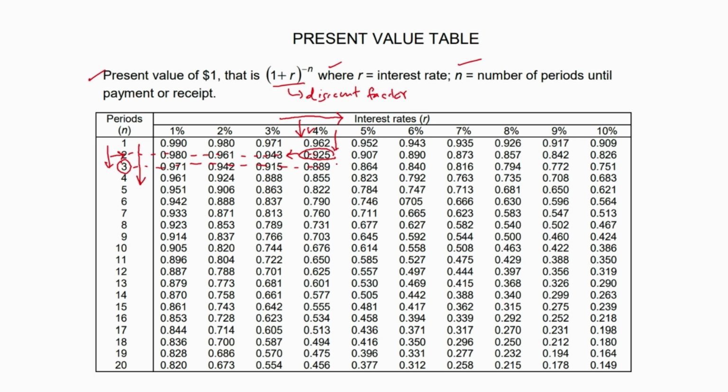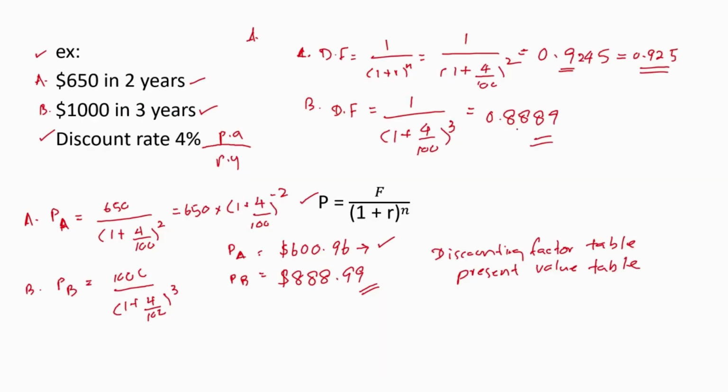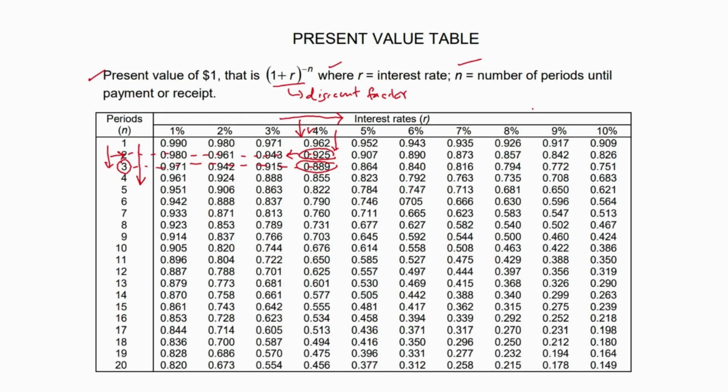Here is our value. This is the discounting factor for 3 years at a discounting rate of 4%, 0.889. It is this value, 0.8889, which rounded off to 3 decimal places is 0.889. Likewise, now you know how to refer to the present value table.